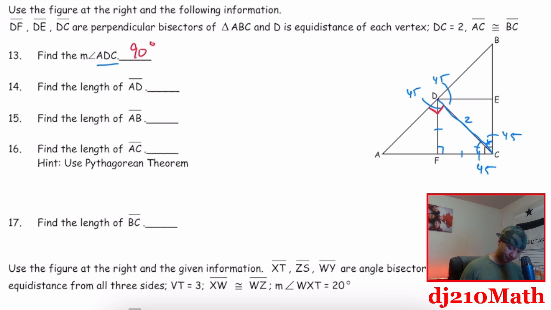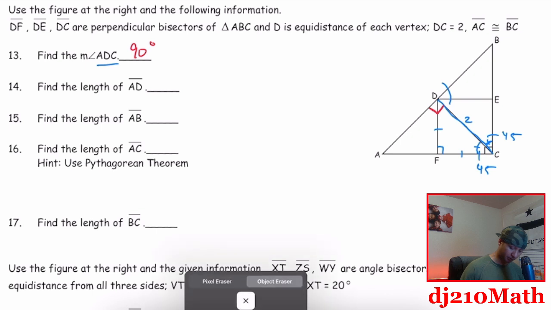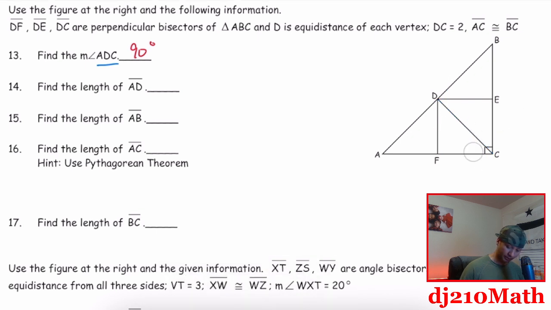AD, okay, so let me take off some of these lines so you can see what's happening. This was 2. AD is this segment right here, and this segment is also 2.